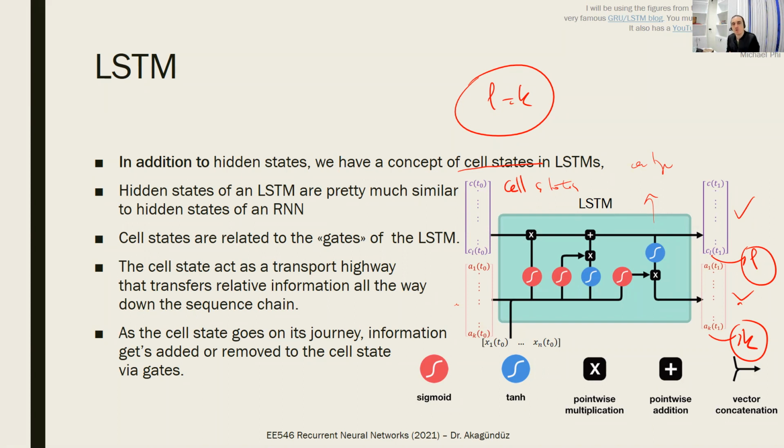As the cell state goes on its journey, because you're feeding so many sequences, the information gets added, removed, or updated, or maybe nothing changes. And it is being decided by these fuzzy logic gates that change between 0 and 1. Because, again, repeat, the sigmoid function changes between 0 and 1. Very nice design, yeah.